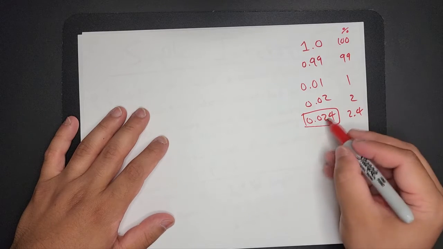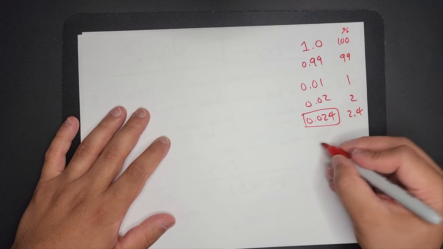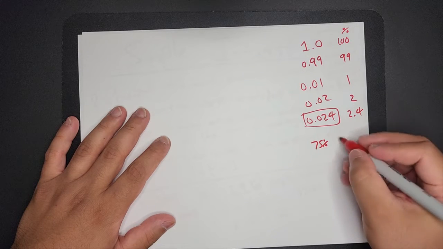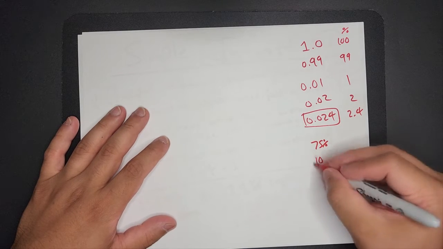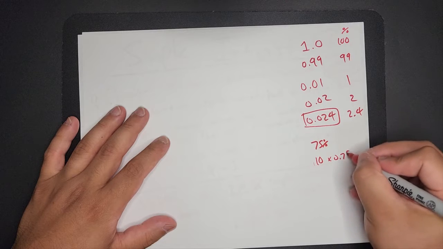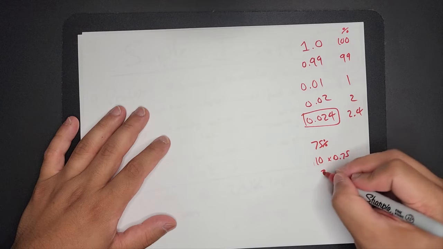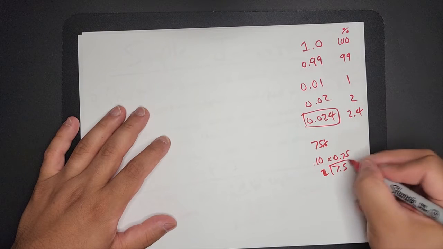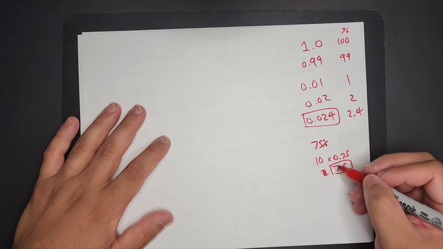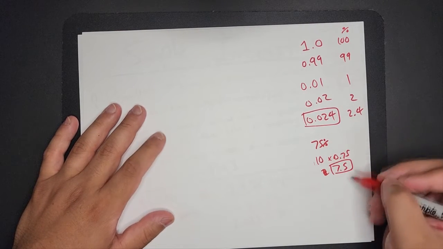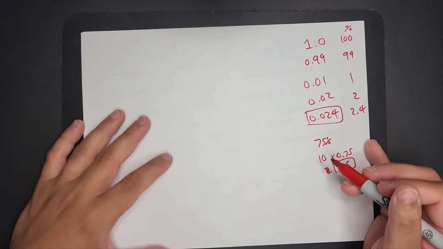If you want 75% of something, you can just multiply the number, say 10. I want 75% of 10, just multiply by 0.75, and you're left with 7.5. Same with, hey, if I take 25% away of 10, you can just multiply by 0.75 because you're left with 75%.